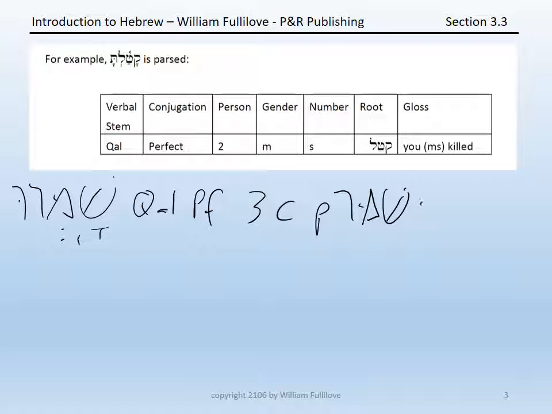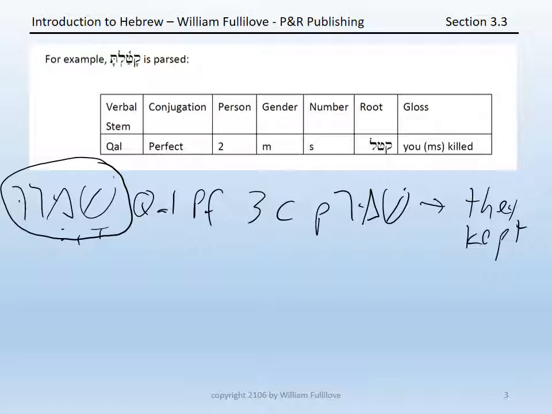And it would gloss roughly as they guarded or they kept. As I look at the form, I am systematically working through what I know from the paradigm to determine what the word shows and then translate based on what I have determined.